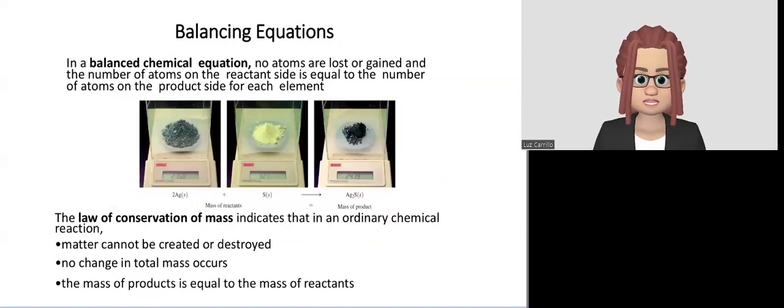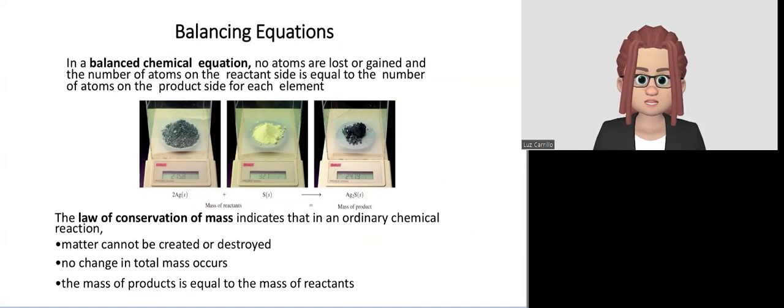In chemistry, whenever we have a chemical change or a chemical reaction, we must write it in a balanced form. In a balanced chemical equation, no atoms are lost or gained, and the number of atoms in the reactants is going to equal the number of atoms that we have in the products.